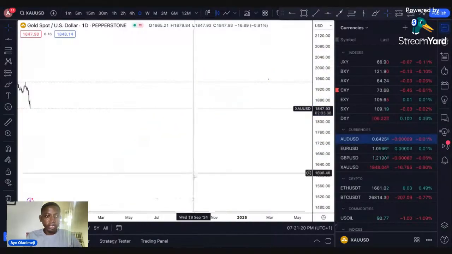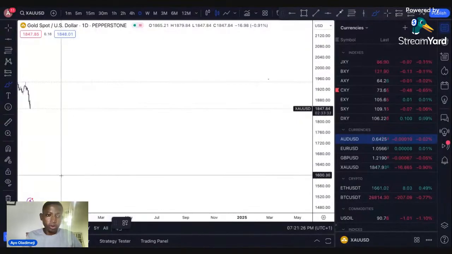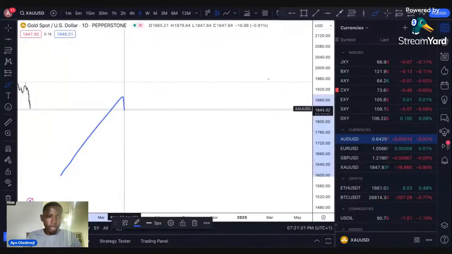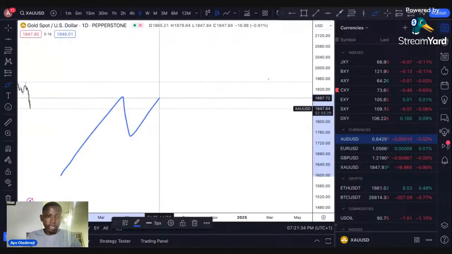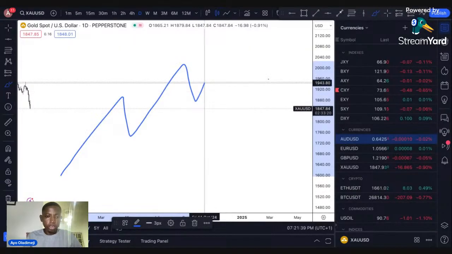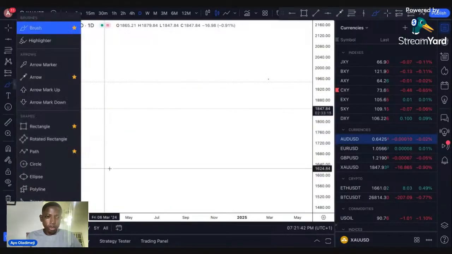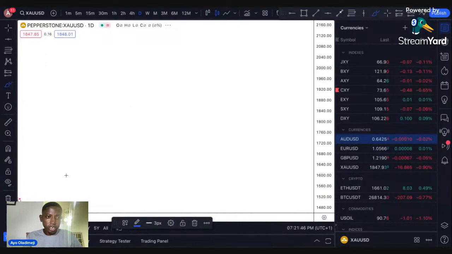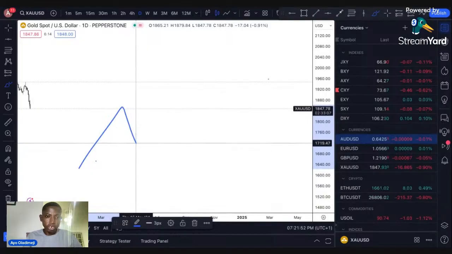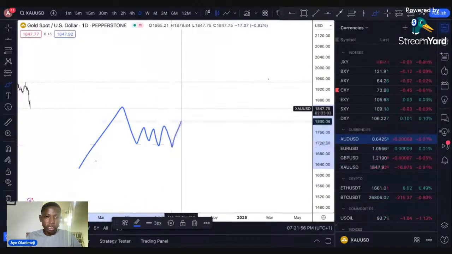So let me quickly go over what I just said. There are three major movements of price. The first movement that price can make is an impulse. The next one is a correction, while the third one is what you call range or sideways movement.